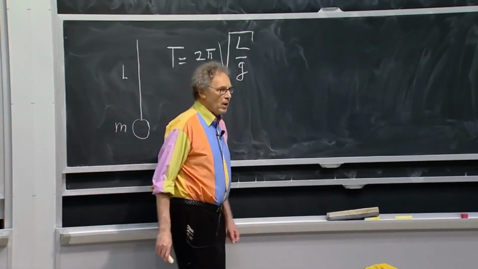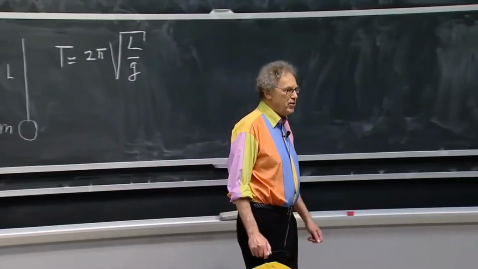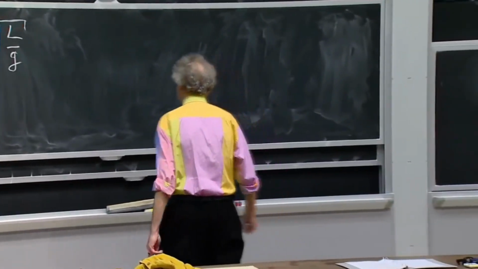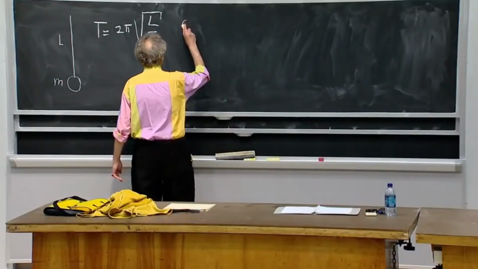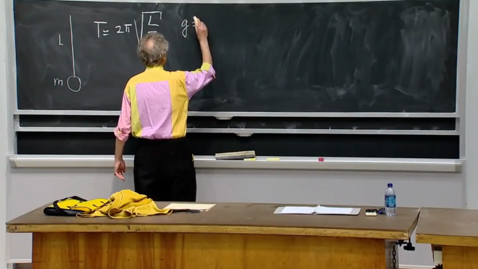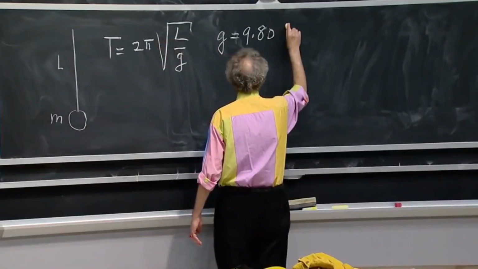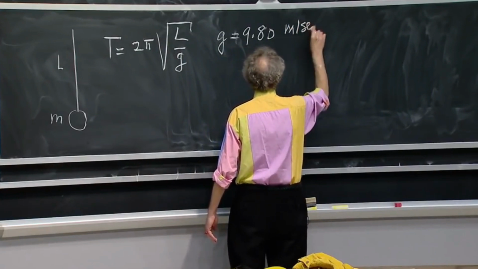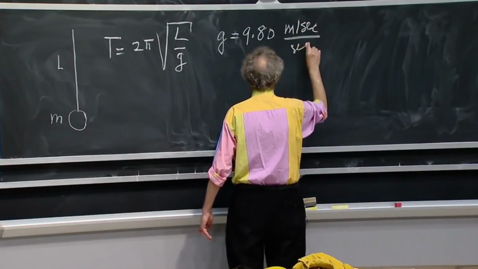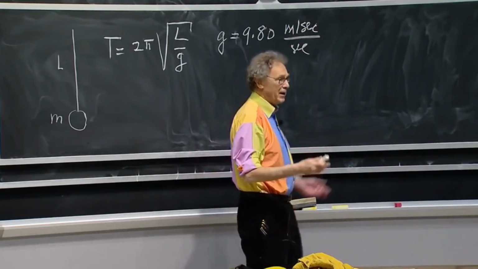And G is what we call the gravitational acceleration, which is approximately the same everywhere on Earth, but it is very close in Boston to 9.80 meters per second per second. And you will say, well, that's weird, meters per second per second.